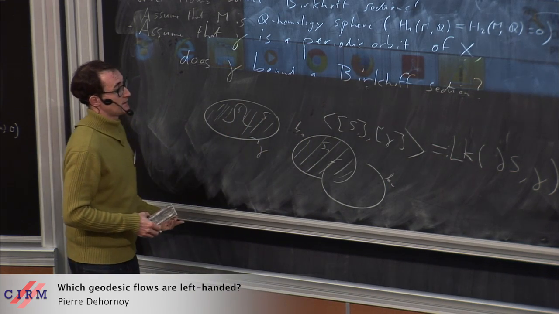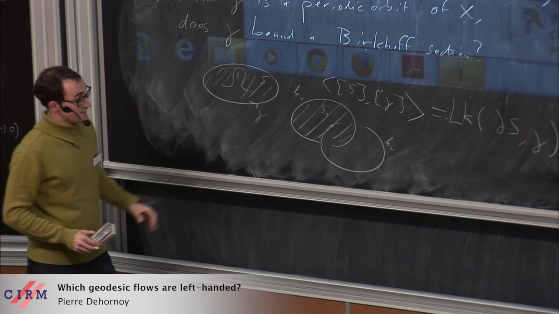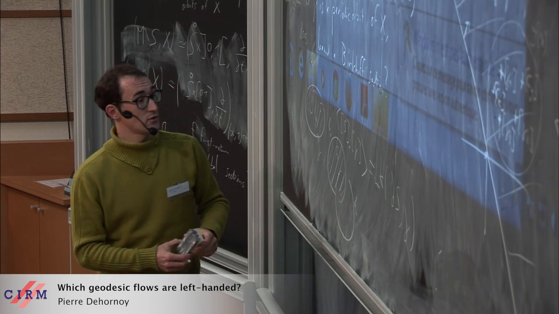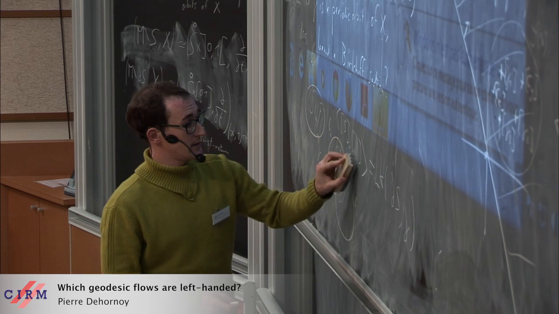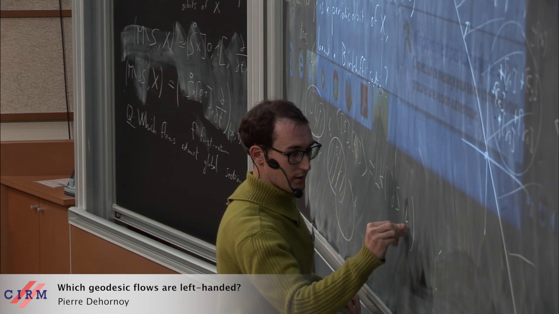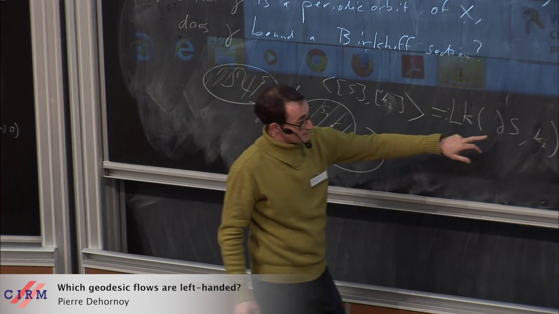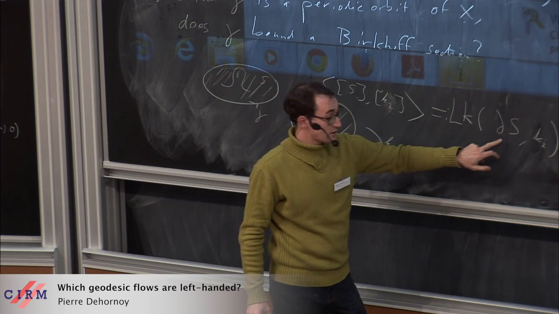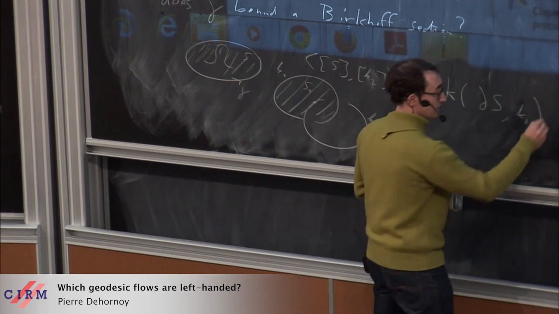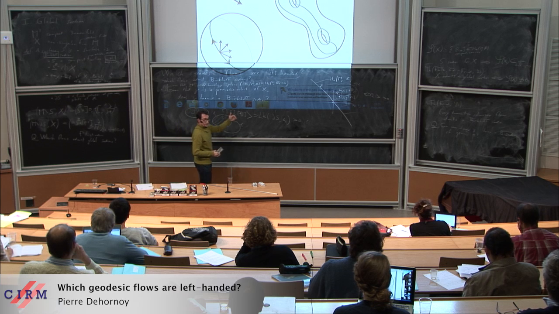So if gamma bounds a Birkhoff section, I should write here K2, gamma is the boundary, and the linking number with any closed orbit is positive in this case. And actually this will be an equivalence.